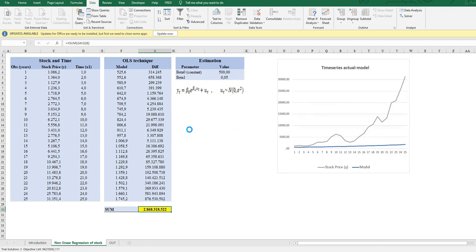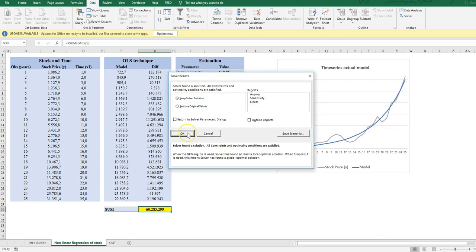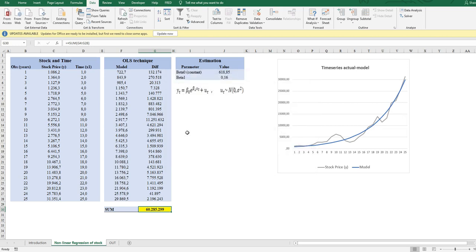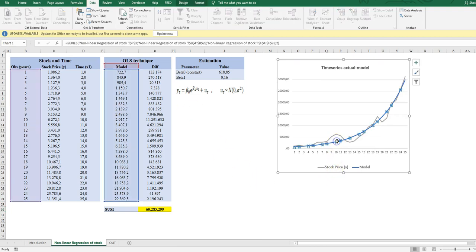So, I found a solution. So now the model is estimated and is represented by the blue.